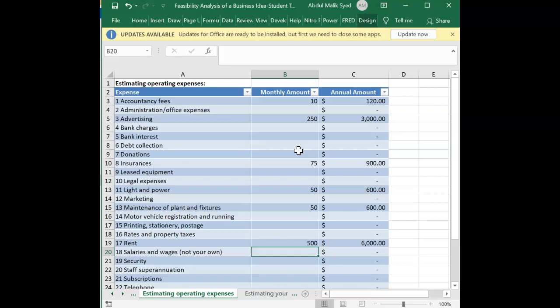The salaries and wages, suppose we take 3 persons in our shop. One is a professional and two are assistants for him, and the total cost for them is say around 10,000 for the supervisor, 5,000, 5,000. So 20,000 divided by 4 is how much?